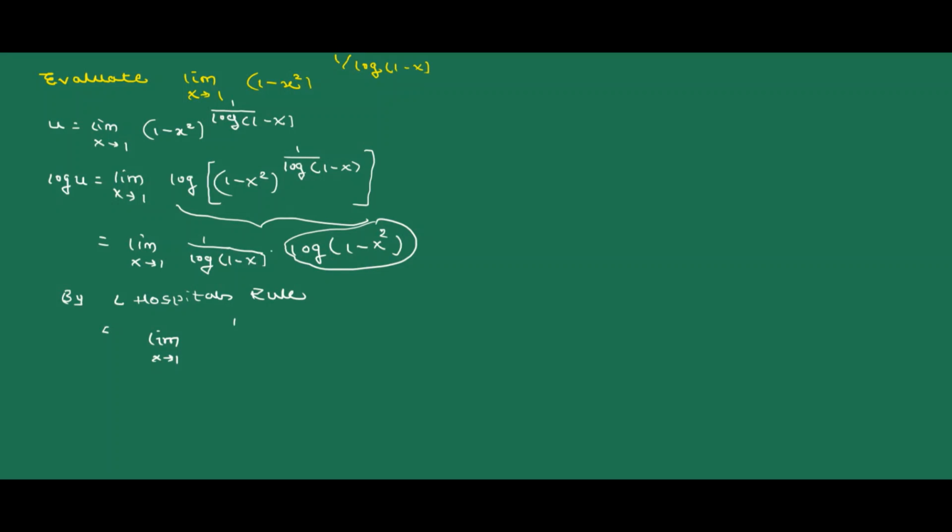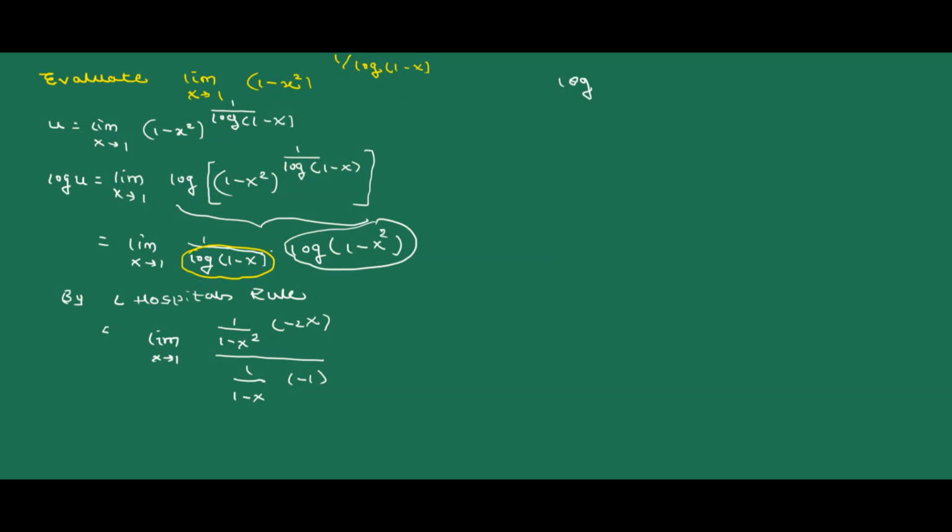Differentiation of log 1 minus x square is 1 divided by 1 minus x square into minus 2x, divided by. What is differentiation of denominator log 1 minus x? Differentiation of denominator log 1 minus x is 1 divided by 1 minus x into differentiation of minus x is minus 1.